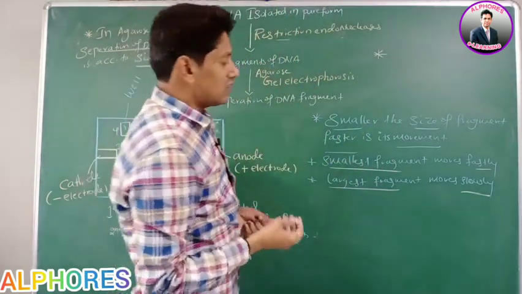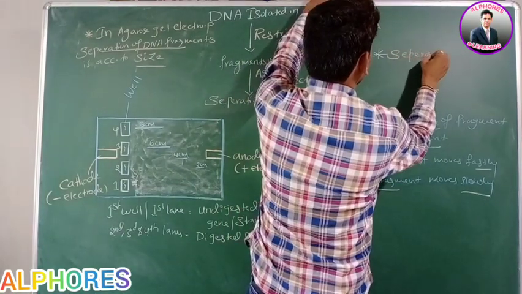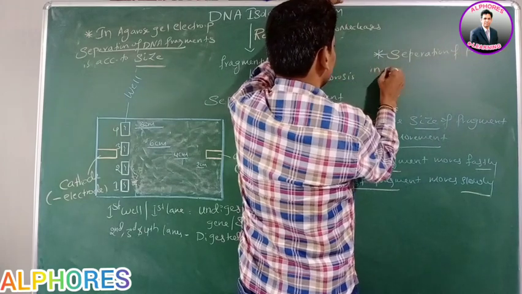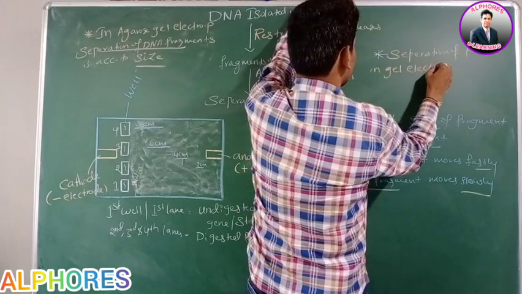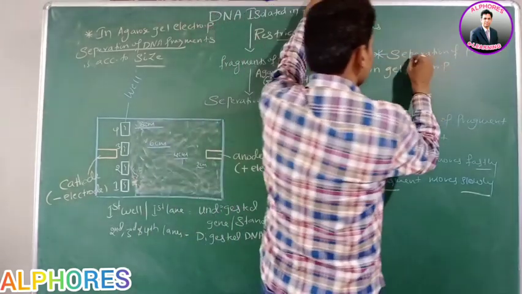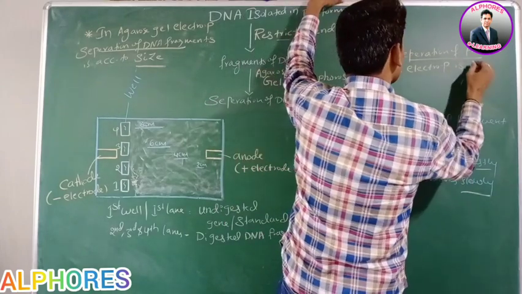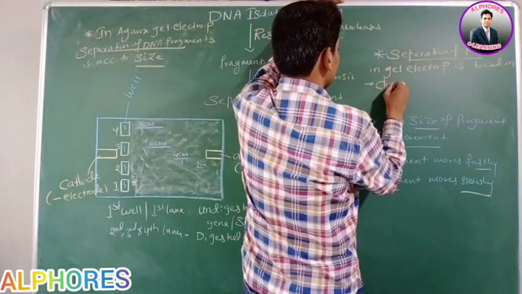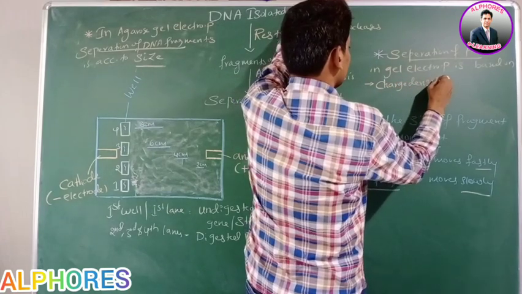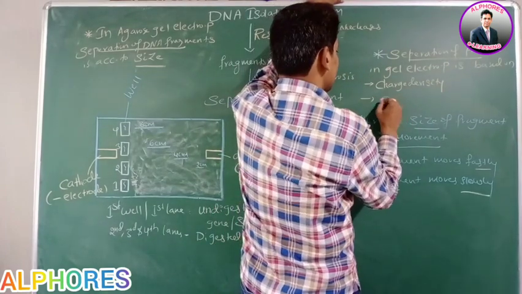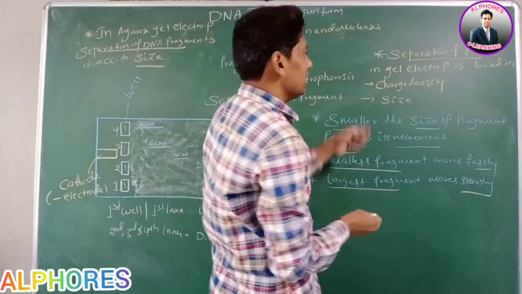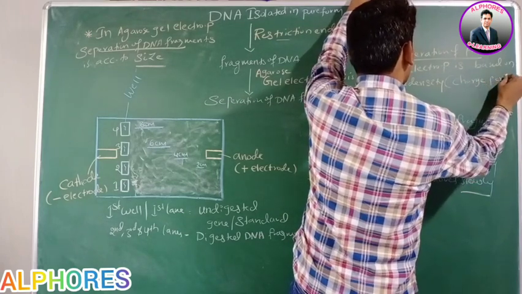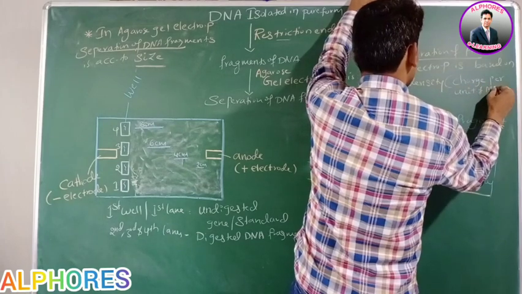Now listen to this statement. Separation of proteins in gel electrophoresis is based on, number one, charge density, and second, size.